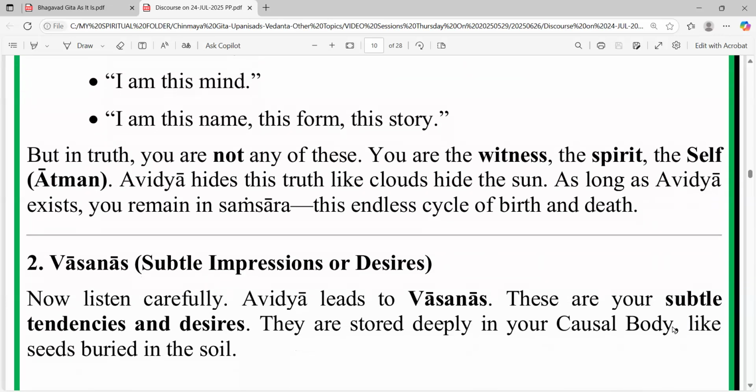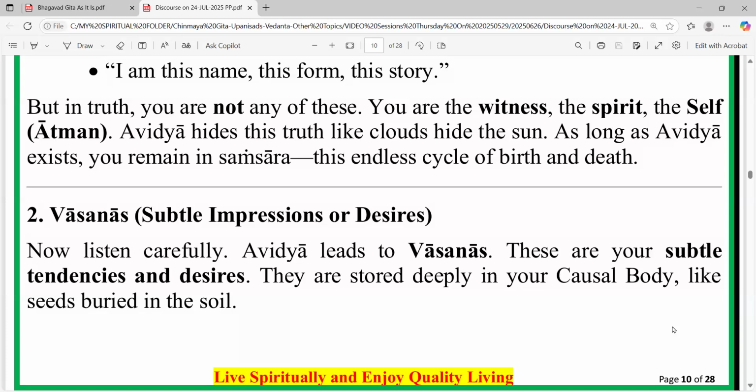But in truth, you are not any of these. You are the witness, the spirit, the self, Atman. Avidya hides this truth like clouds hide the sun. As long as avidya exists, you remain in sansar, this endless cycle of birth and death.